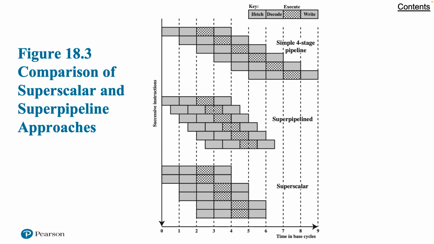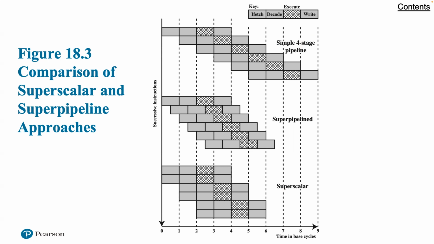Figure 18.3, which we're showing here, compares the two approaches. The upper part of the diagram illustrates an ordinary pipeline used as a baseline for comparison. The base pipeline issues one instruction per clock cycle and can perform one pipeline stage per clock cycle.